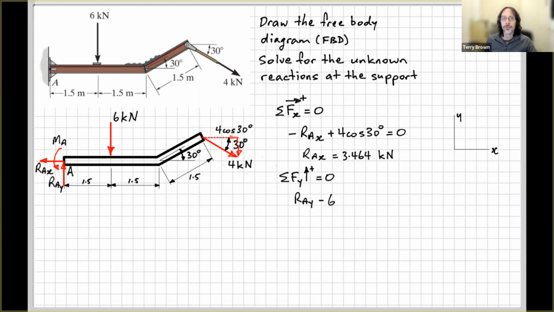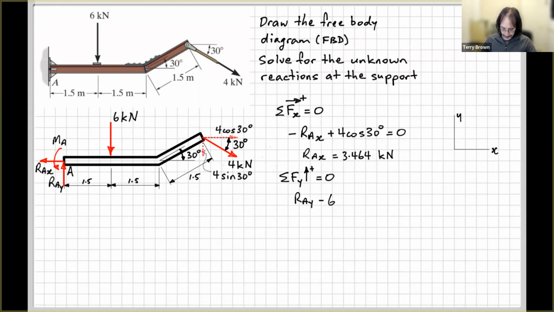Try to get out of the habit of doing that, because the problem with putting your component force out over here is that it looks like it's acting way out here. So when we go to calculate moments about point A, we're going to look at this and say, hang on, how far is this from point A? Maybe, right? So instead of doing that, draw your component in there at its correct line of action.